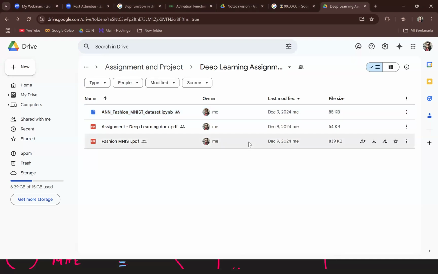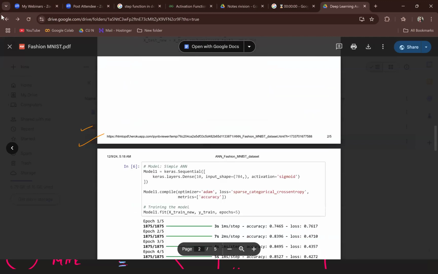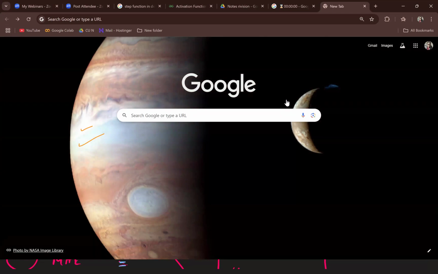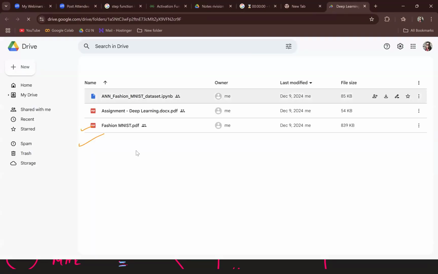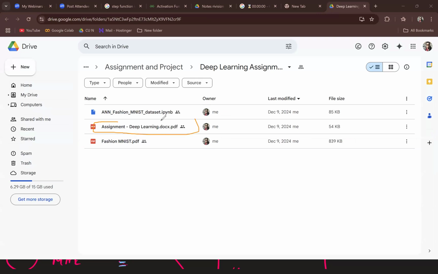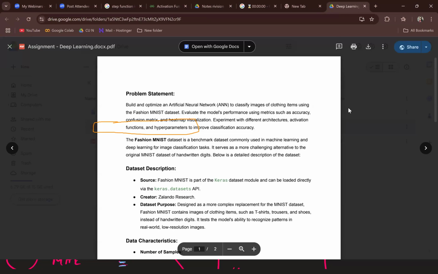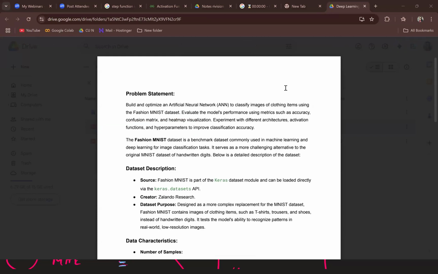Okay, it has 3 files. Don't open the first file, this is the task, the MNIST dataset, in PDF format. Just open only the center one, assignment one. You have to implement an ANN, artificial neural network, on this particular data set, Fashion MNIST.